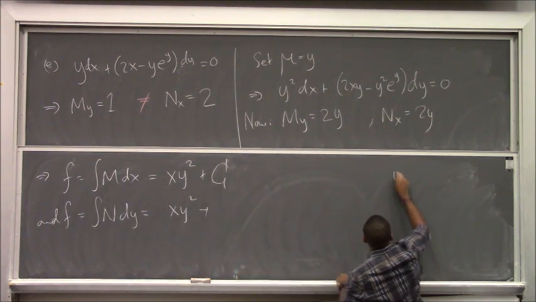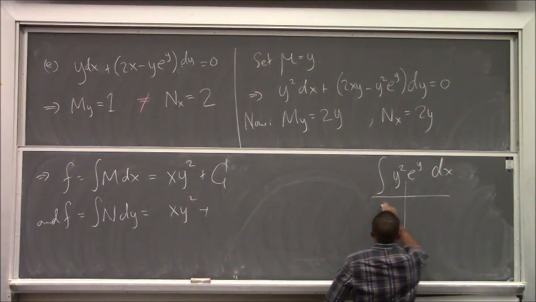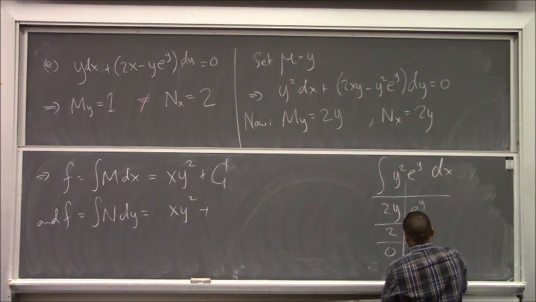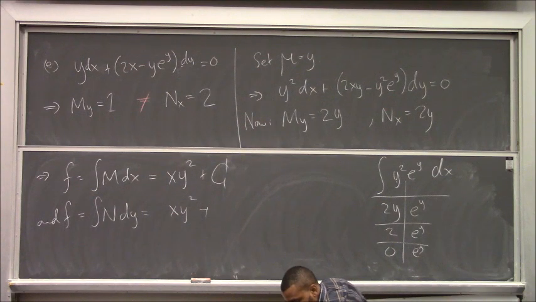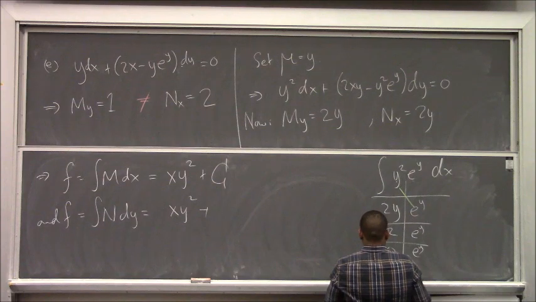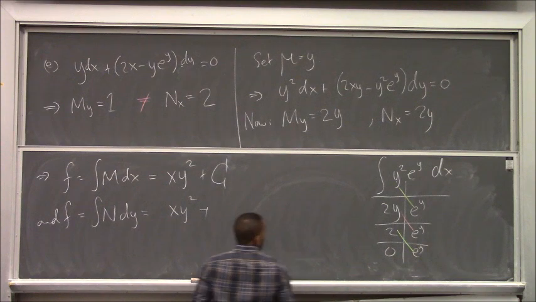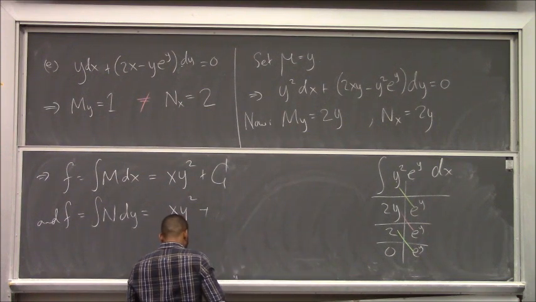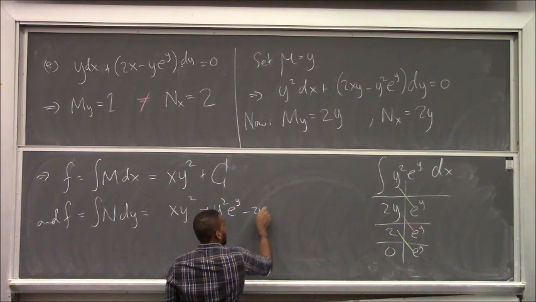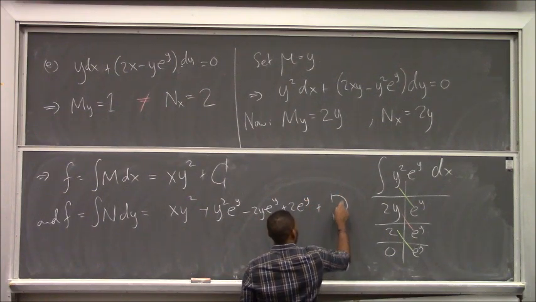We'll go and do our same thing. y to 0, e to the y, e to the y, e to the y. We are going to add this, subtract this, add this, and so we're going to have y squared e to the y minus 2y e to the y plus 2 e to the y plus some constant I don't care about.